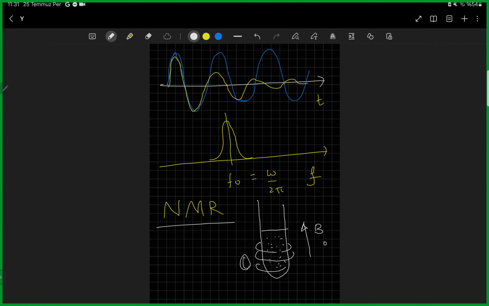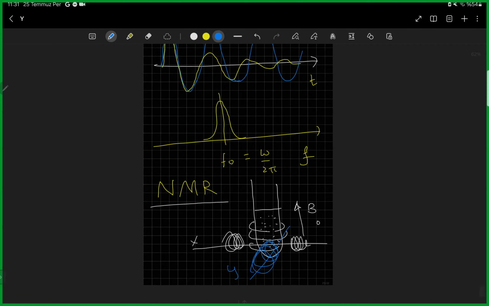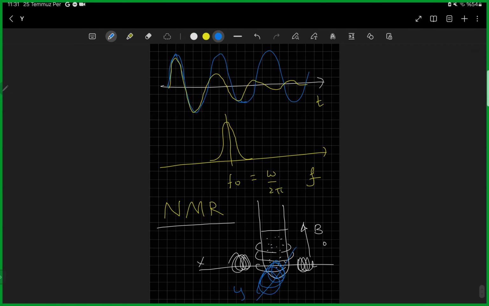And then you have other coils along the x-axis and along the y-axis, which are outside or inside this big coil. So a large z field is applied, and on top of it, you can apply a pulse sequence in which you turn on the current through these x and y coils so that you can apply x and y fields as well. The nuclear spins inside the sample will reorient according to the pulse sequence, and 1- and 2-qubit gates can then be implemented very easily.